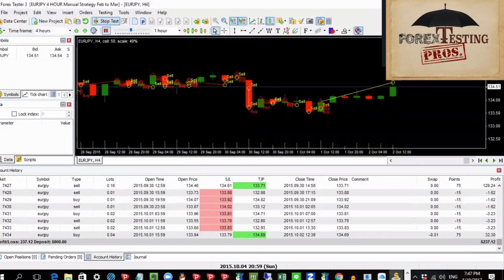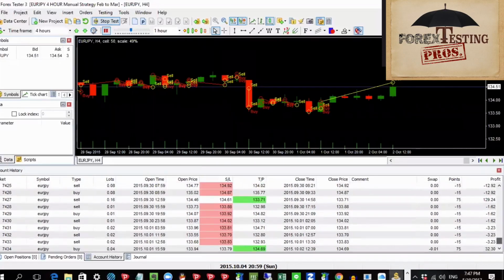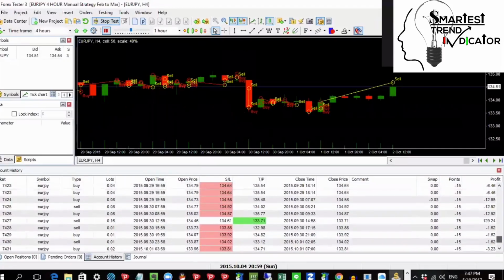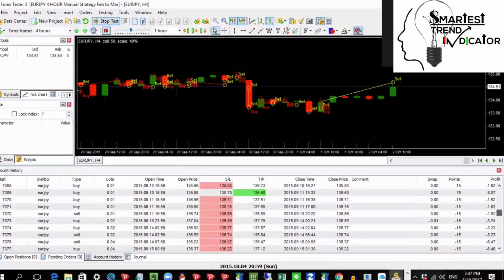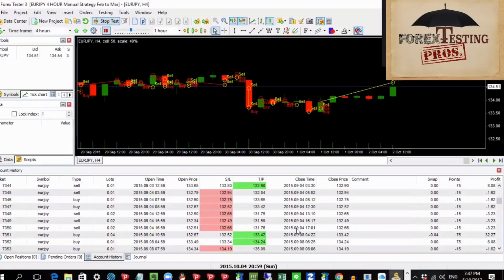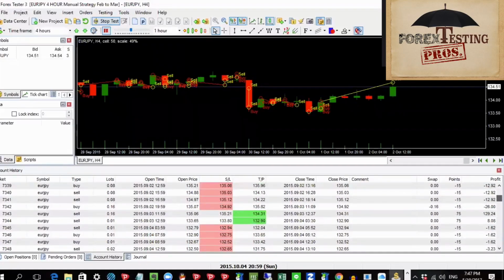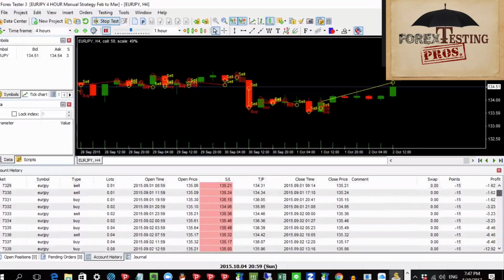And our highest lot size was, I think it was 0.16, right? Let's see, 0.16, anything higher? And the lot sizes are over here. 0.16, okay, 0.16 twice.